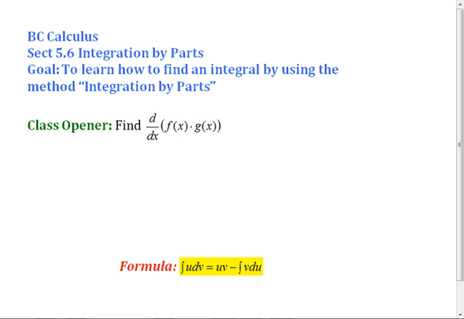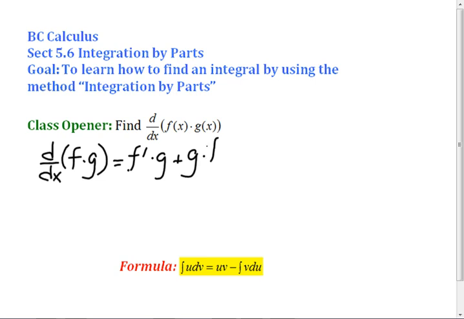This is reversing the product rule. So what is the derivative with respect to x of f times g? I just want to make it a little simpler looking so you see what happens here. Nope, it's the product rule. It's the derivative of f times g plus g times the derivative of f.